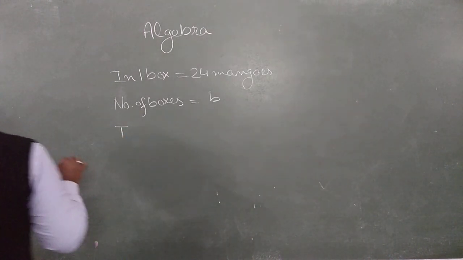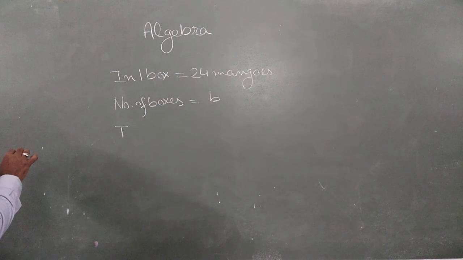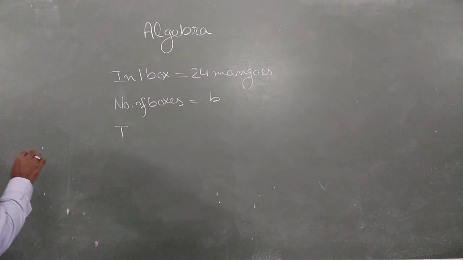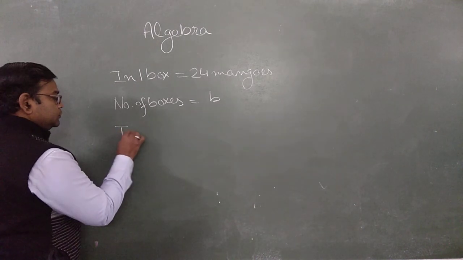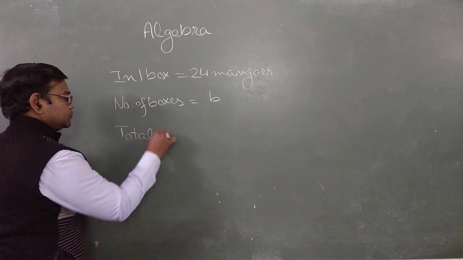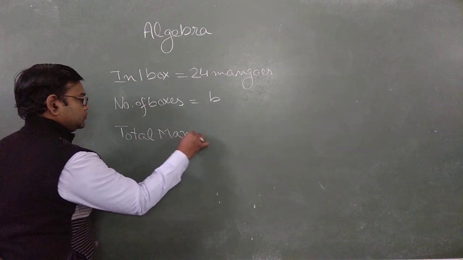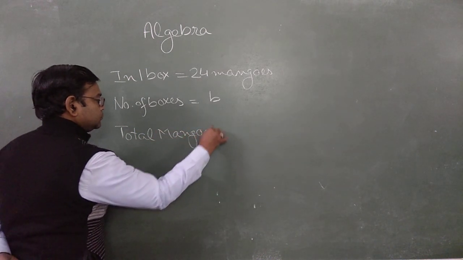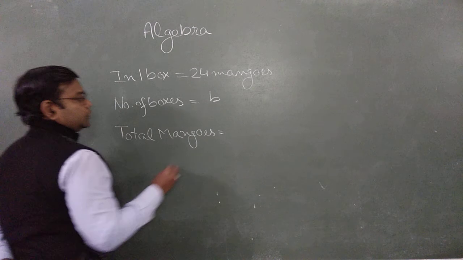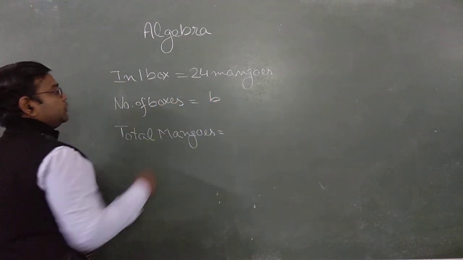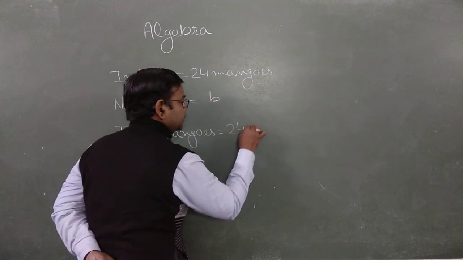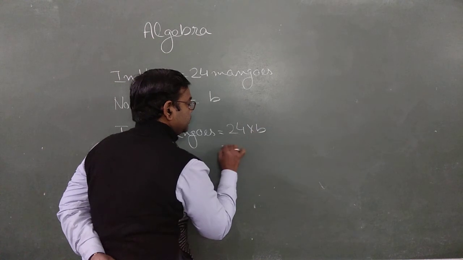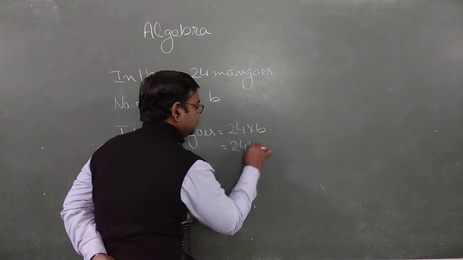So in one box we have 24, so in B boxes we can easily write 24 into B. It's 24B. Clear?